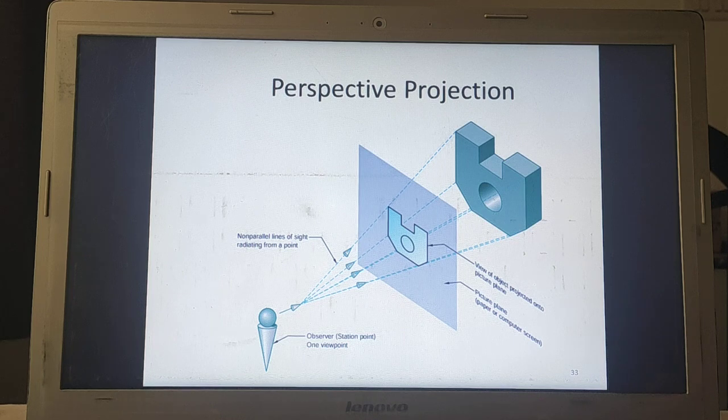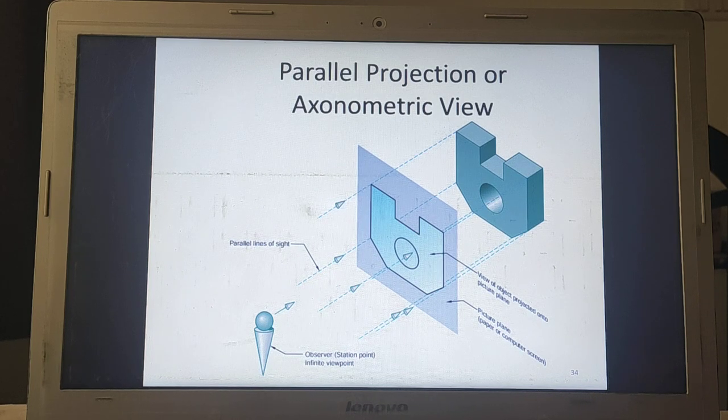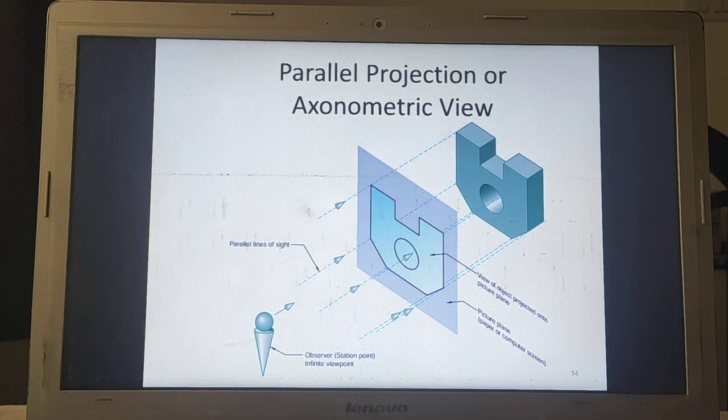Next is parallel projection, which is also known as axonometric view. Here the same example we are going to extend: observer, plane of projection, and the object. These are the lines.